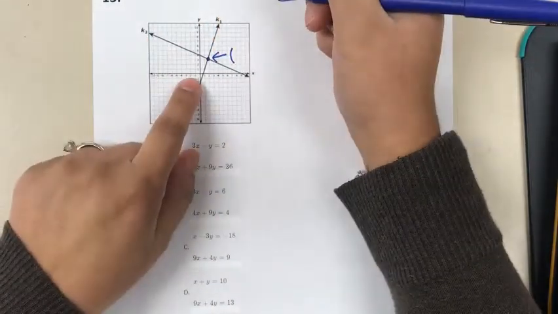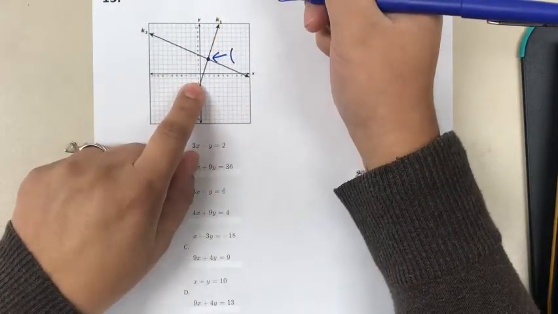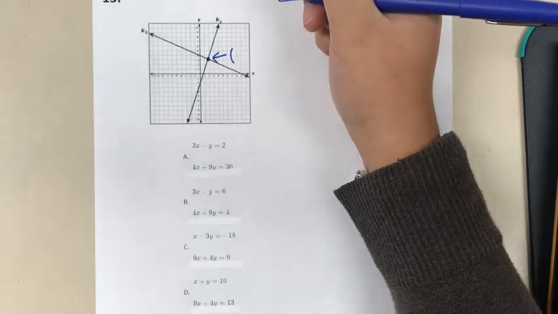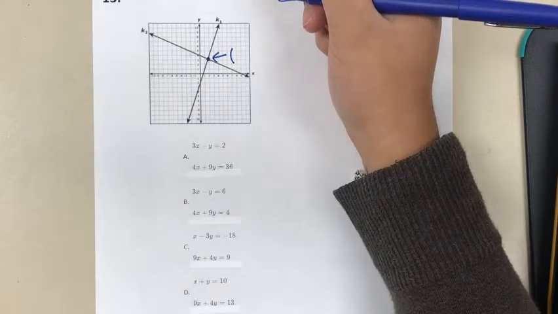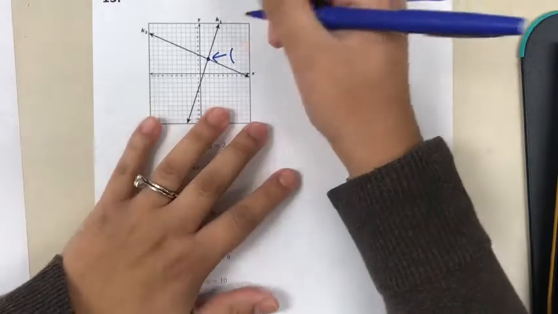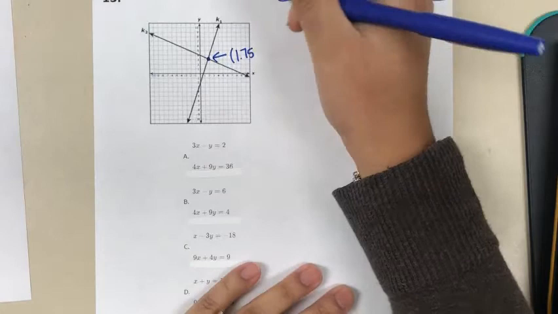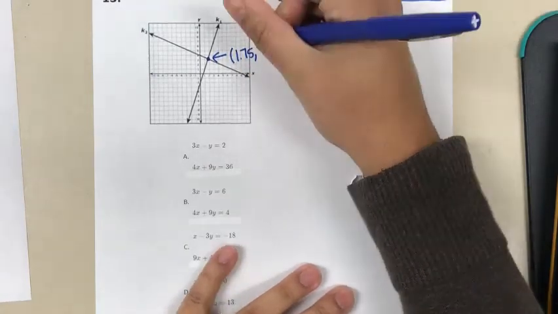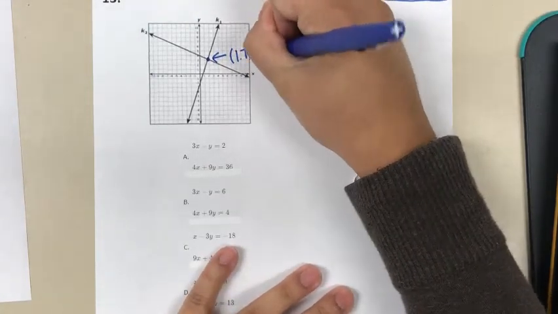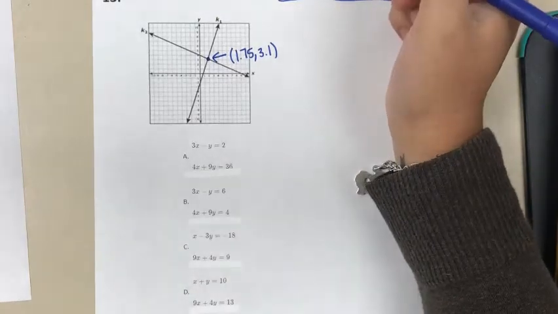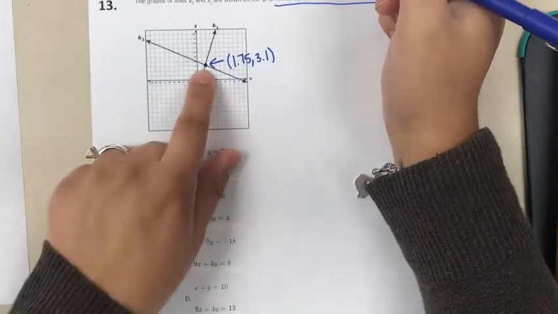In the x direction, it's about 1.75, roughly speaking. Okay, and in the y direction, it is roughly 3.1. So I'm going to say that's my answer.